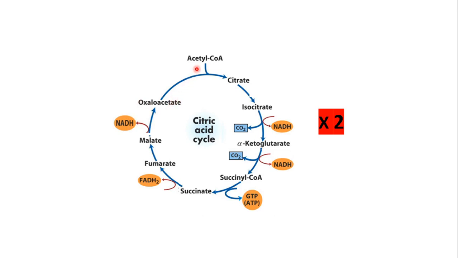To accept acetyl coenzyme A. So this way, in a cyclic manner, the reaction occurs, and during this cyclic pathway, there is release of 2 carbon dioxide, 3 NADH, 1 FADH2, 1 ATP per acetyl coenzyme A. But for 1 glucose, what will be the yield? 4 carbon dioxide, 6 NADH, 2 FADH2 and 2 ATP, because we are multiplying by 2. So this is the citric acid cycle or Krebs cycle.